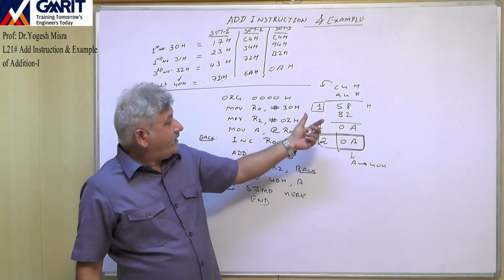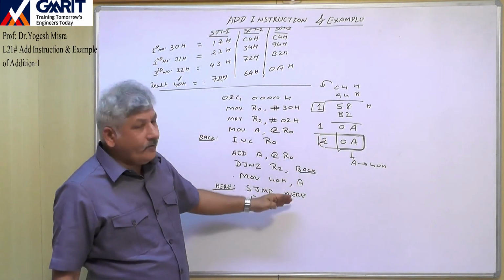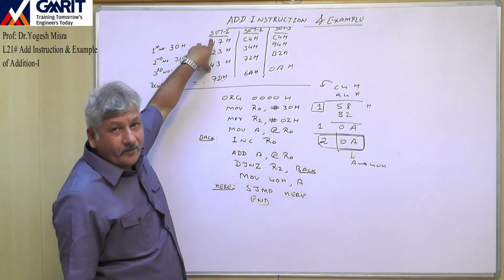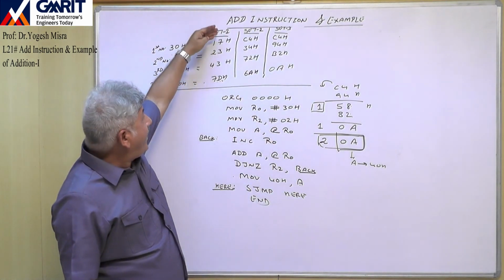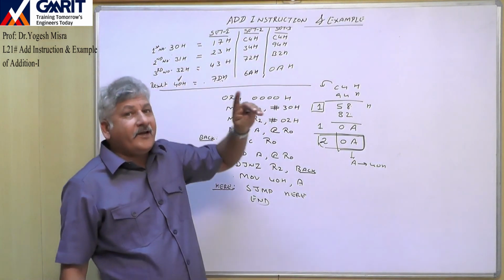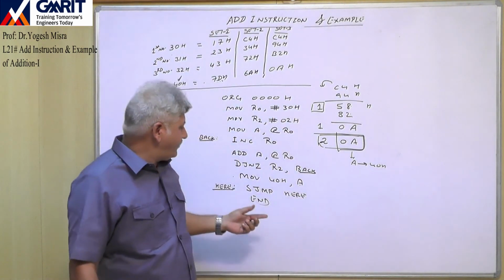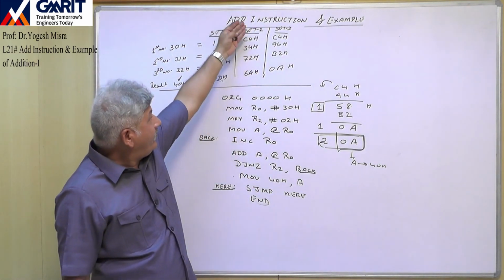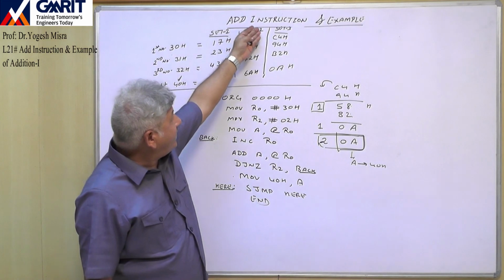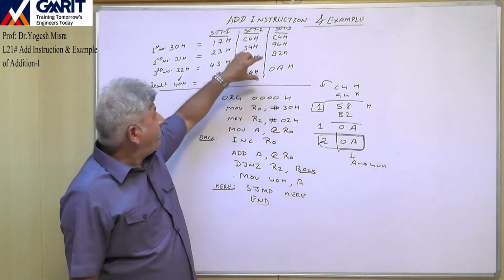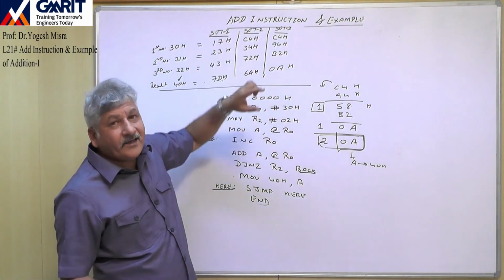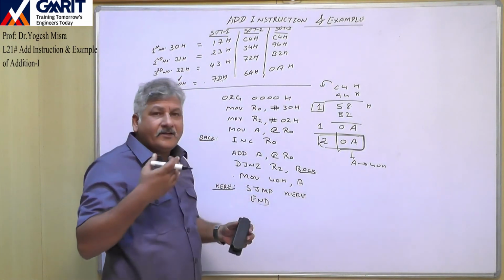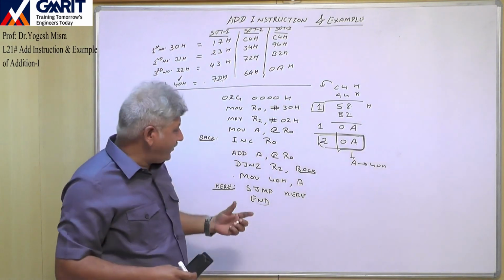So this program will work perfectly if we have numbers for which no carry is generated while adding. In that case you will get the correct result. But if we have numbers like set 2 or set 3, in which a carry is generated when we add the numbers, in that case we are not getting the correct result. Why are we not getting the correct result?